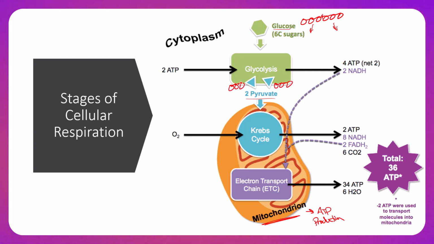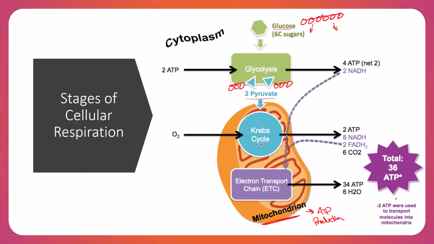So each pyruvate, or pyruvic acid, is going to contain 3 carbons each. Those are halves of the glucose. Those 2 pyruvates are smaller, and so they are therefore more manageable and able to penetrate the mitochondria through the membranes and enter the Krebs cycle.